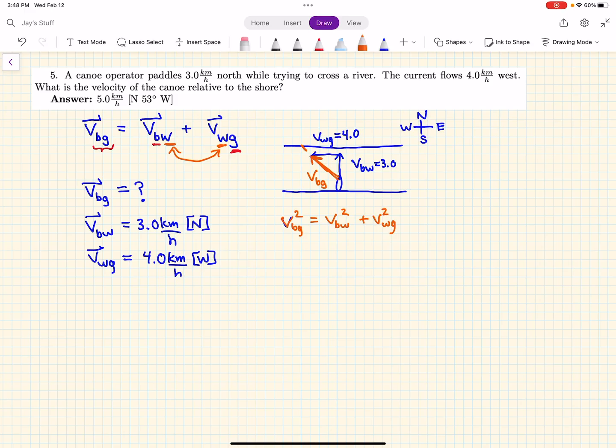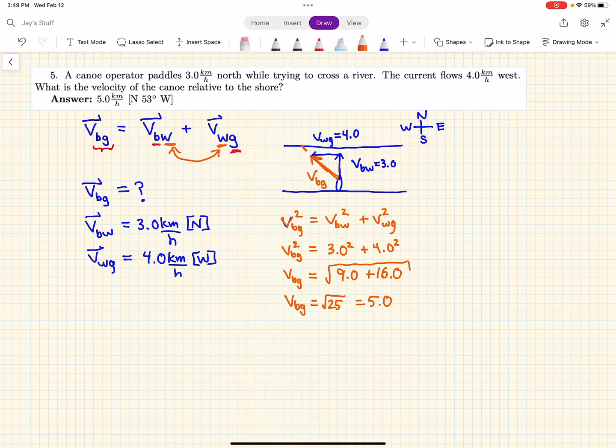That's just Pythagorean theorem on this little triangle. So velocity boat to ground squared is equal to 3 squared plus 4 squared. So that's going to be 9 plus 16. And now if we square root both sides, we end up with that. Velocity of boat to ground is just the square root of 25, which is just 5.